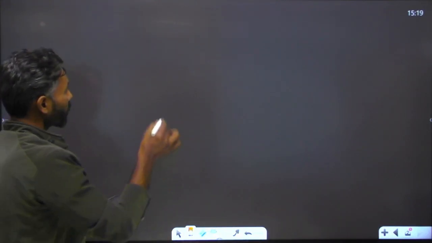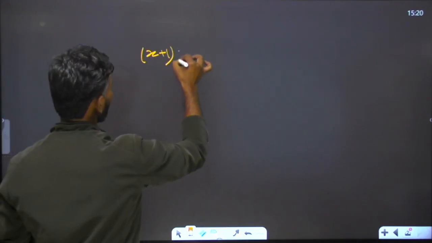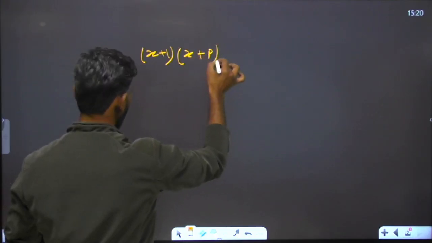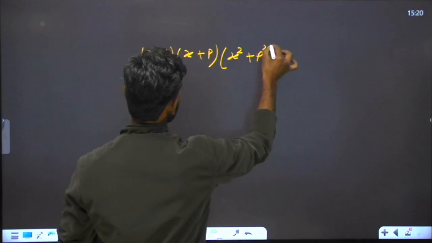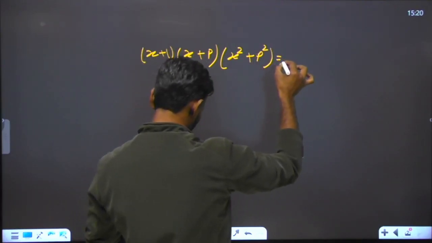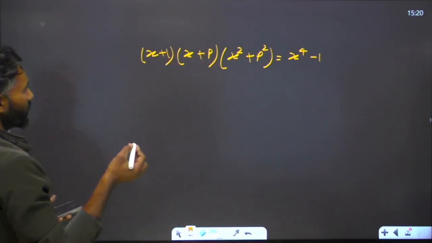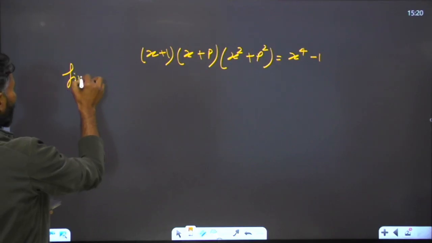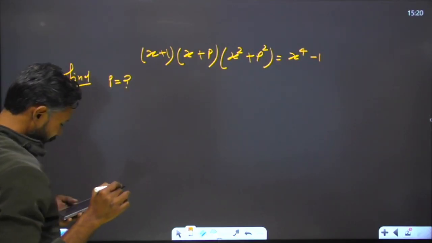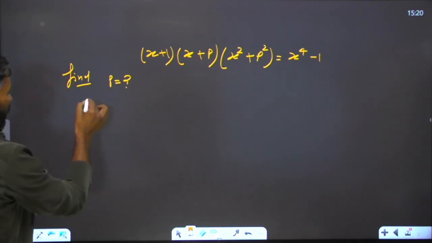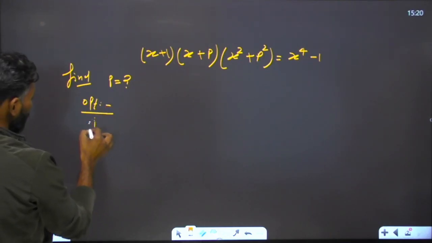It is said that (x plus 1) within bracket, (x plus p) within bracket, again (x square plus p square) is equal to x to the power 4 minus 1. This is the question, and we have to find the value of p. What will be the value of p? We just have to tell. And the options are here. The first option is minus 1.